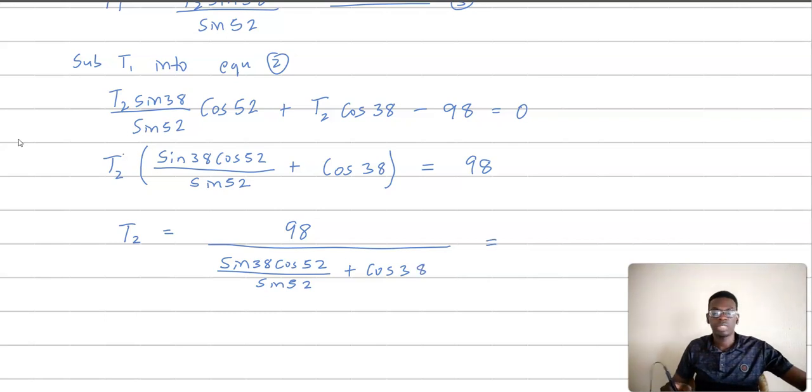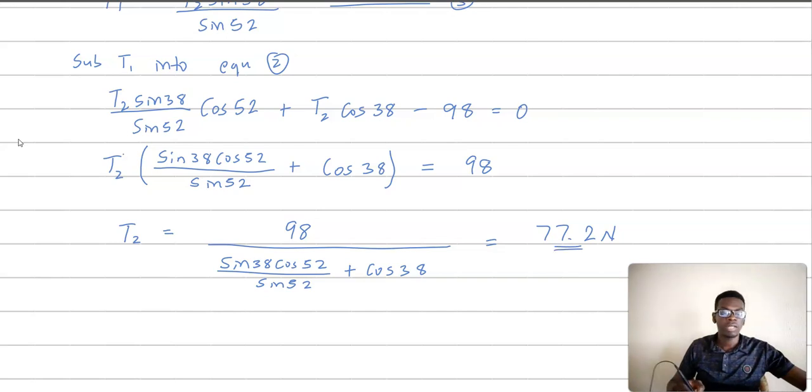You can calculate this with a calculator, and if we do so, you have a result of T2 equal to 77.2 Newton. Okay, so this is T2.